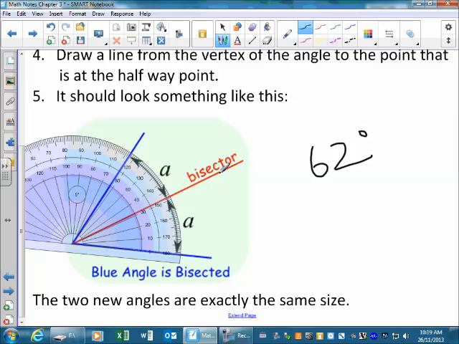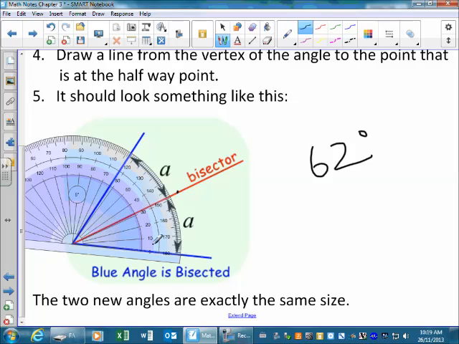Okay. Now, if we were to bisect that angle, that means to cut it in half. What is half of 62? That's right, 31. So then we measure on our protractor 31, right? And then you draw, right there.